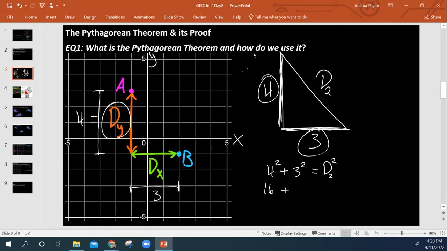So we end up with 16 plus 9 equals our distance squared. And we don't want to know our distance squared. Well, duh, we just want to know our actual distance, right? So 16 plus 9 gives us 25. And we need to get rid of that right there. That is an exponent, in case you forgot.